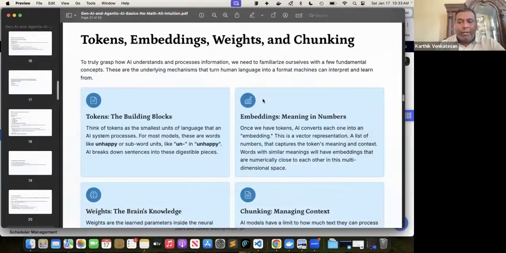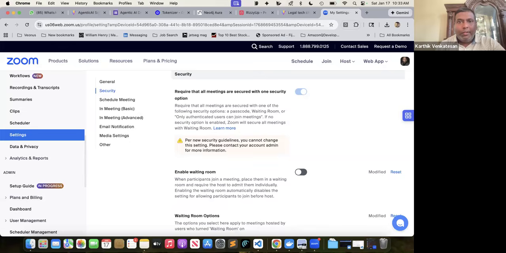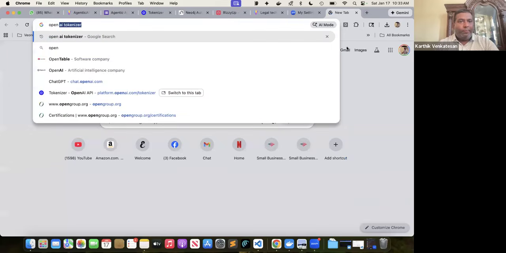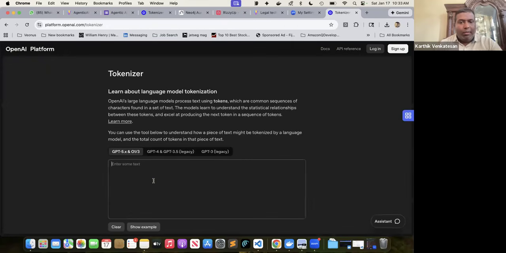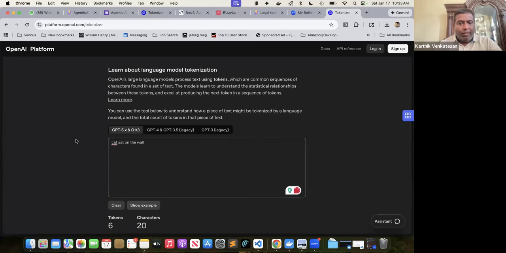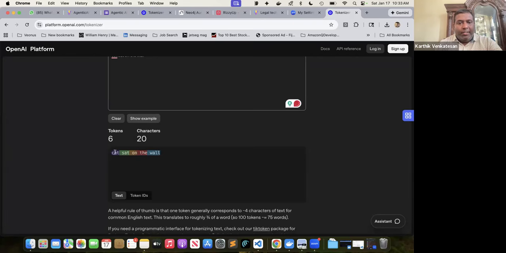We can do a quick demo actually. There is an OpenAI tokenizer. See, it's breaking into 6 tokens and 20 characters.